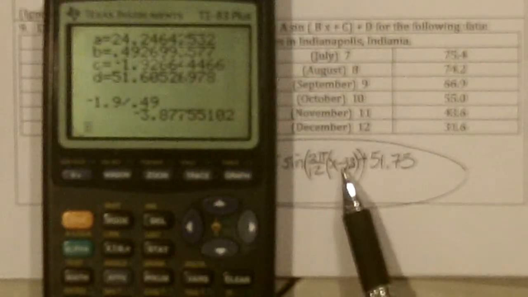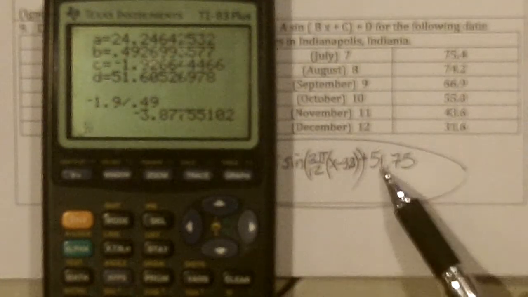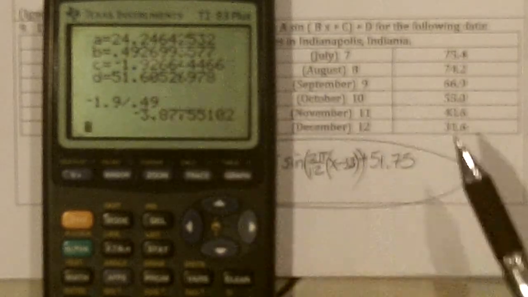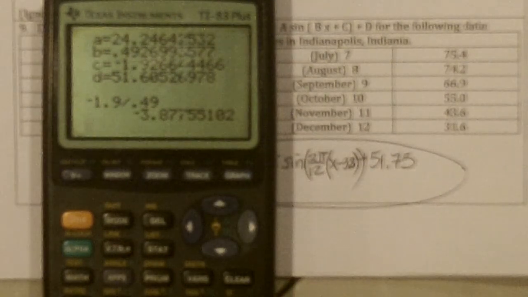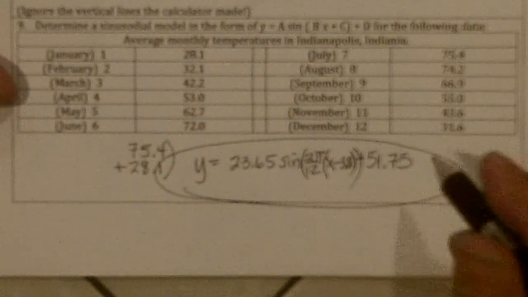We had negative 3.8. Pretty close. And it had it moved up 51.6. We had it 51.75. Okay? That's how to do that one.